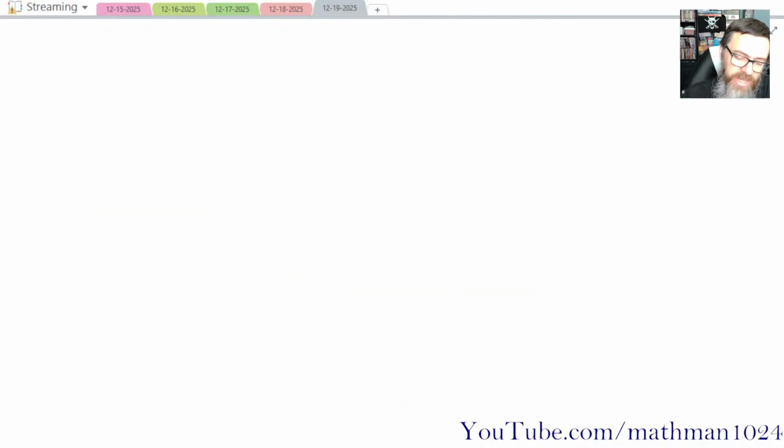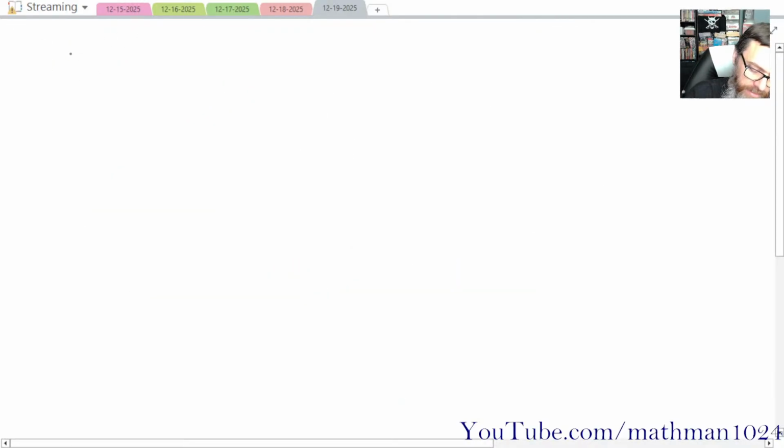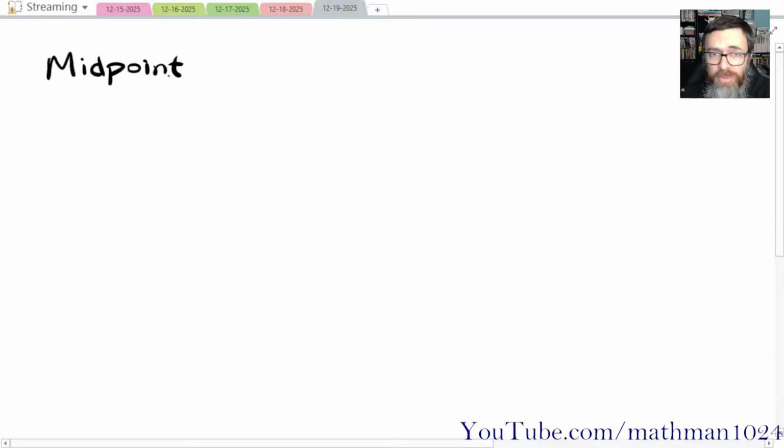Now, the next one is a formula for the midpoint. The midpoint is going to be the point that is exactly halfway between 2 points. It's going to be equidistant from either of those points. The formula for the midpoint goes like this.